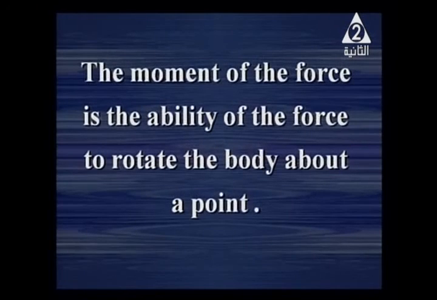Dear student, the moment of the force is the ability of the force to rotate the body about a point. Look at its symbol: moment M_O vector equals R vector cross F vector.